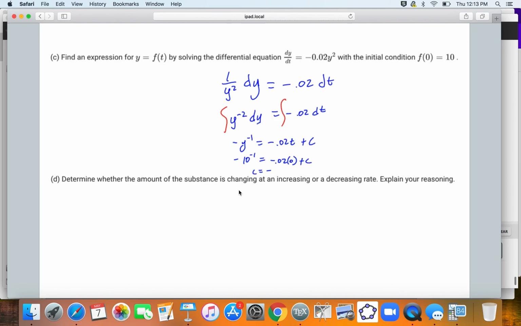So basically c is negative 1/10. All right, so my function now becomes negative 1 over y equals negative 0.02 t minus 1/10.